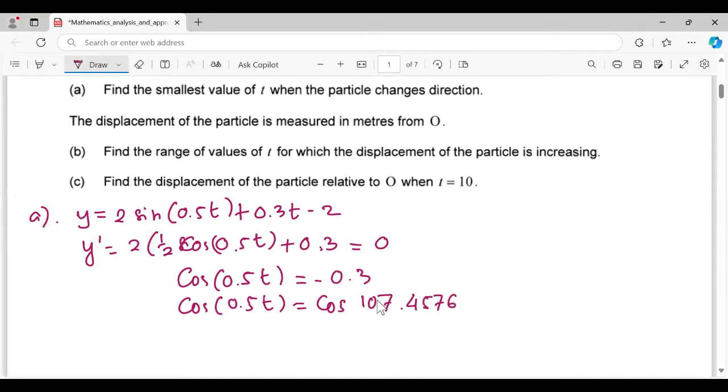So cosine 107.4576 is minus 0.3. So it means 0.5t equals 107.4576.